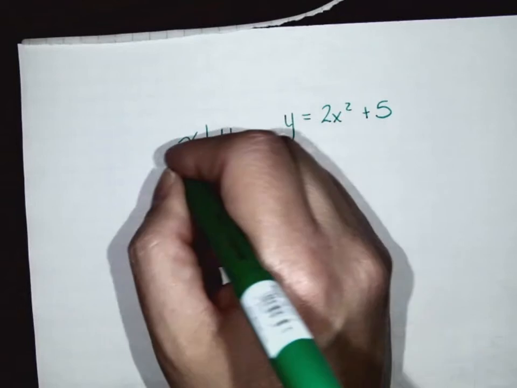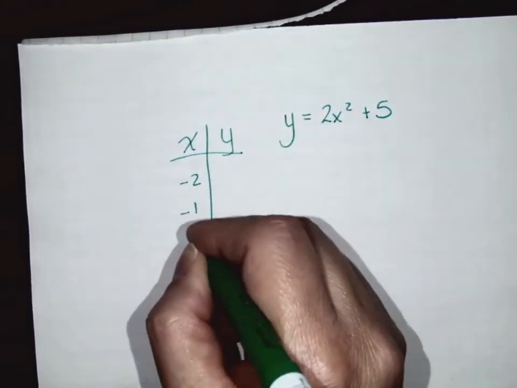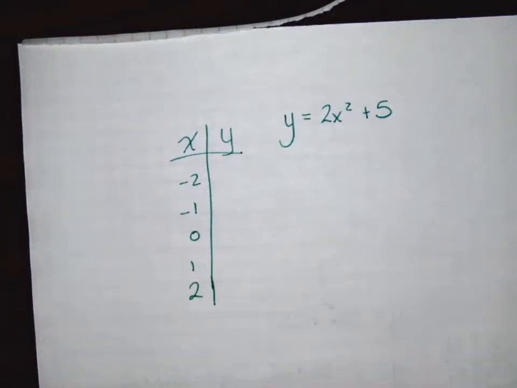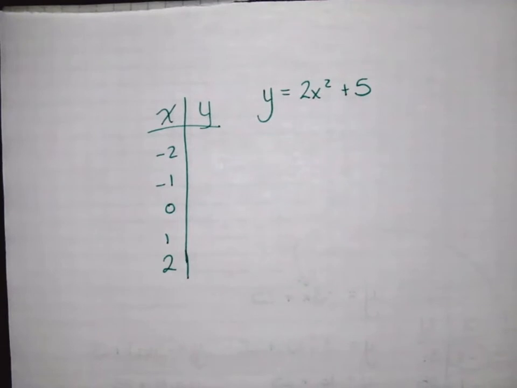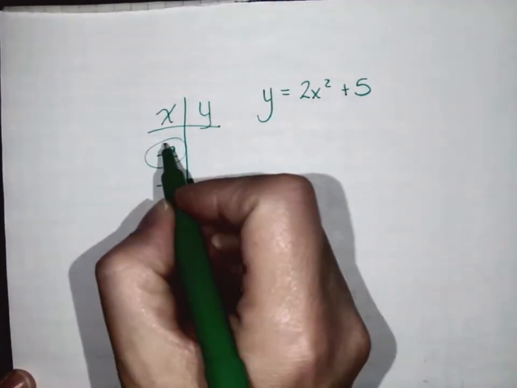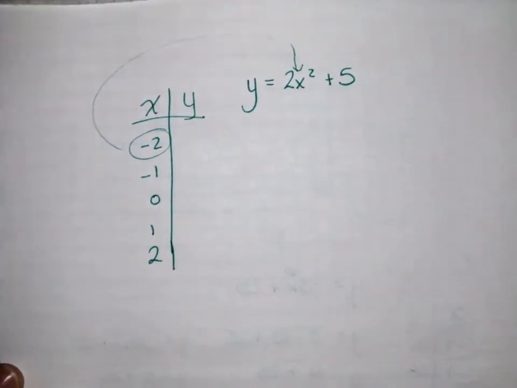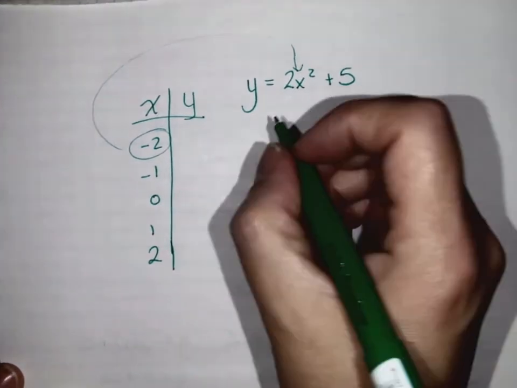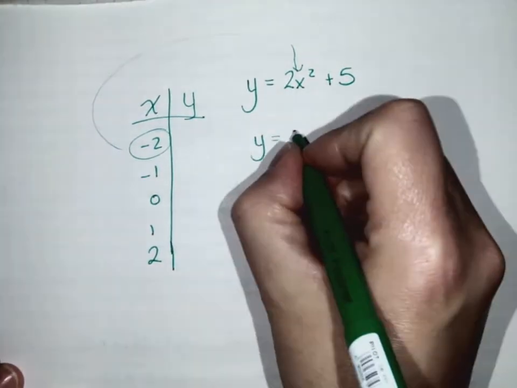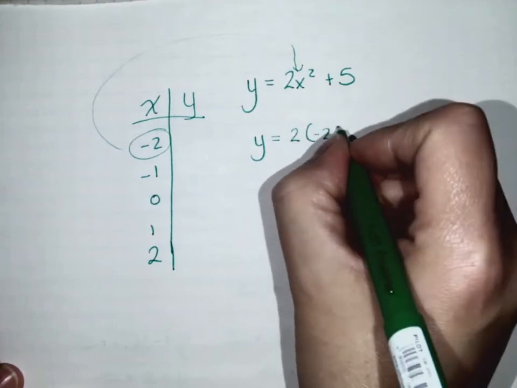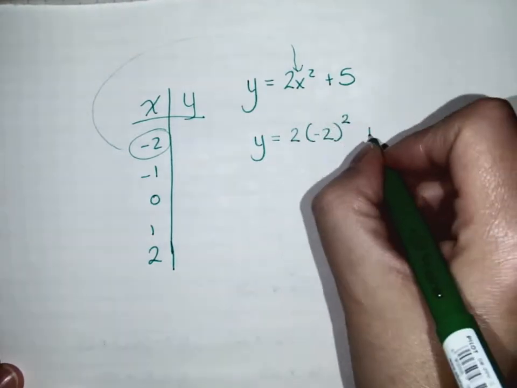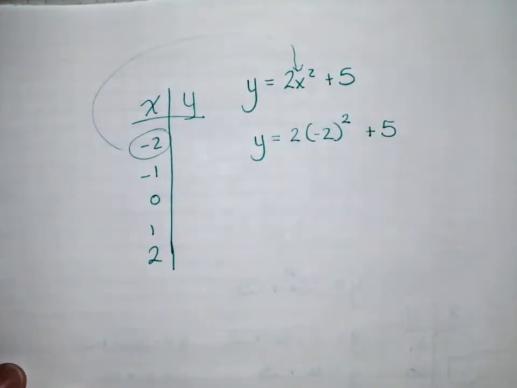My table of values was -2, -1, 0, 1, 2. All right, so we're going to substitute in -2 where we see the x squared. Well, where we see x, and it just happens to have a squared on it. So y equals 2 times -2 squared plus 5.